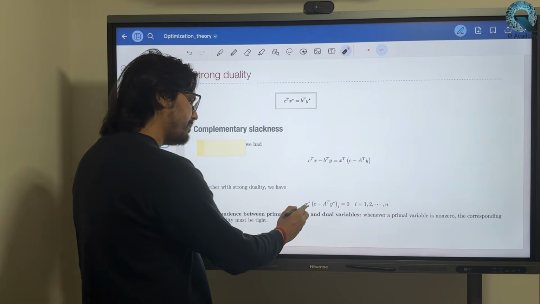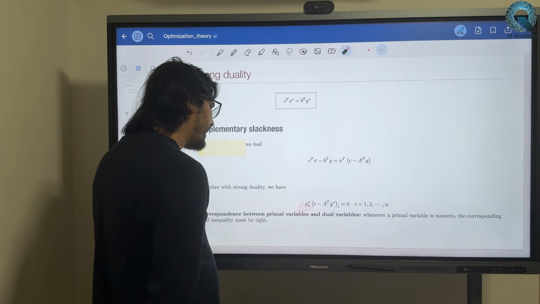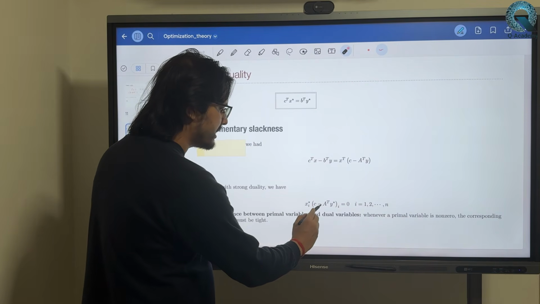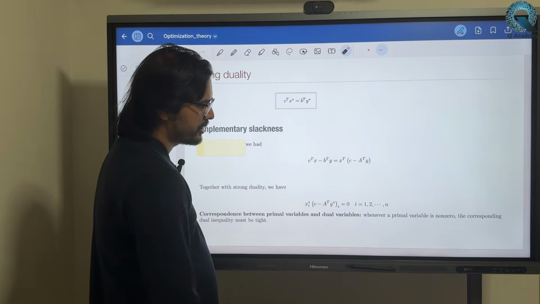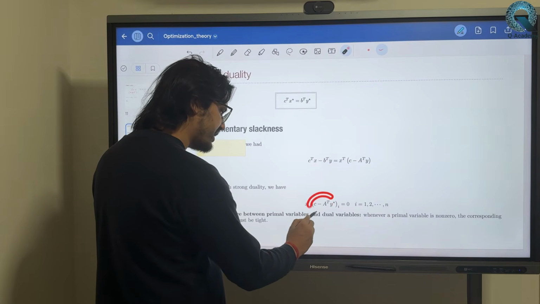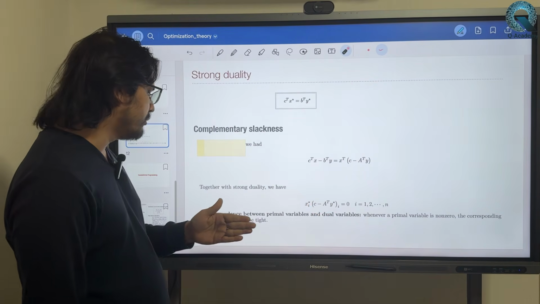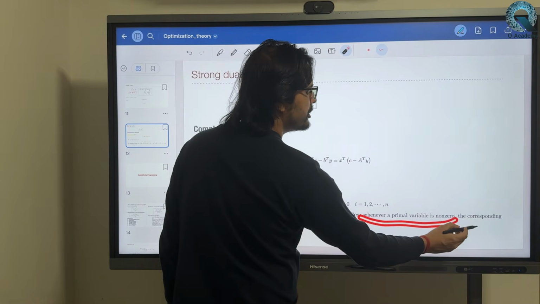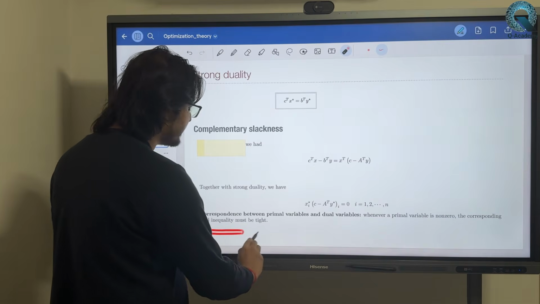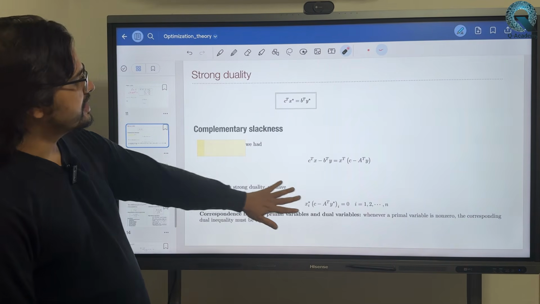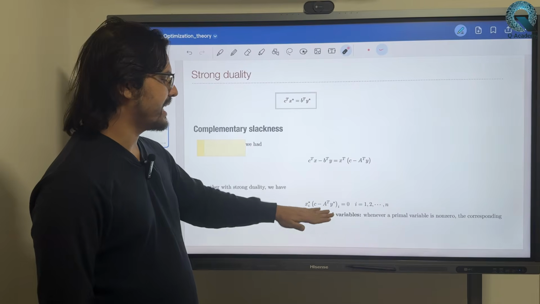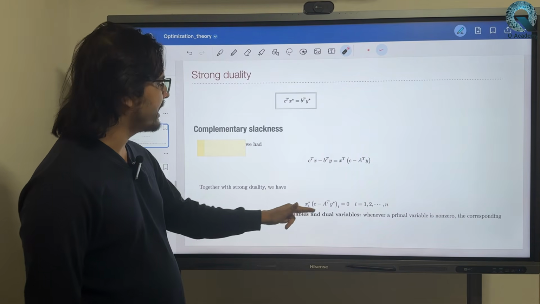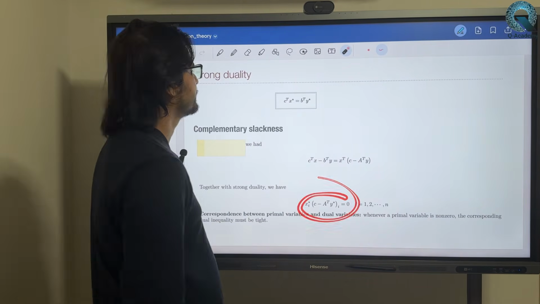If the primal optimal variables are non-zero, then this has to be 0, which means these constraints in the dual have to be tight. So whenever a primal variable is non-zero, the corresponding dual inequality must be tight. This is what is called complementary slackness, which happens at strong duality. So with strong duality, you get this statement. Okay.